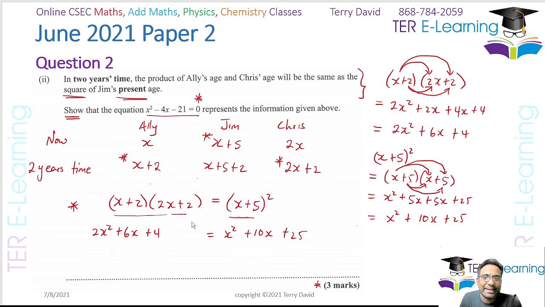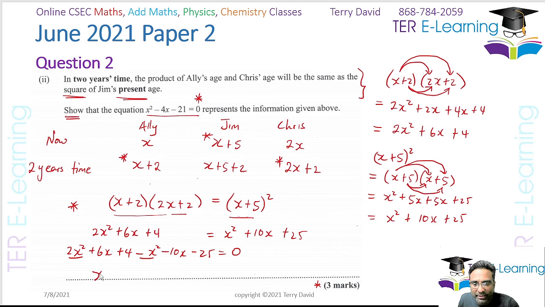In order to get that equation equal to 0, I need to put everything on my left-hand side. So this becomes 2x squared plus 6x, right, plus 4 minus x squared minus 10x, right, minus 25 is equal to 0. So we're getting there. We're almost there. So now let's deal with the x squared term. You have 2x squared here and you have minus x squared here.